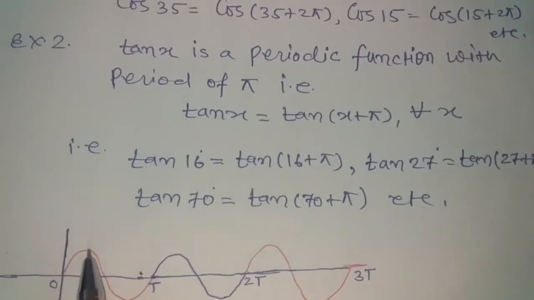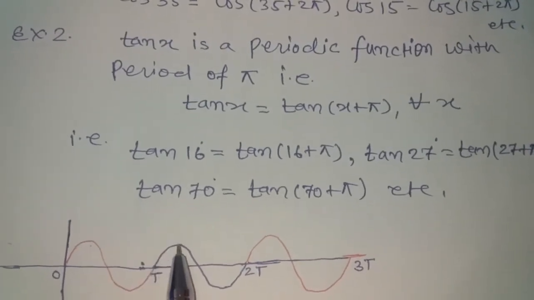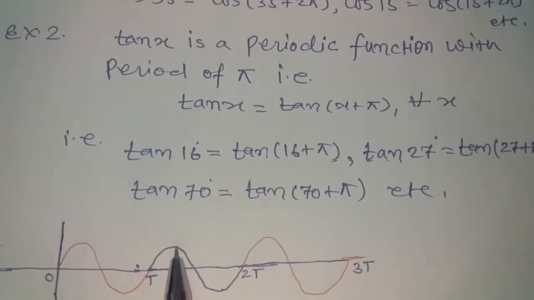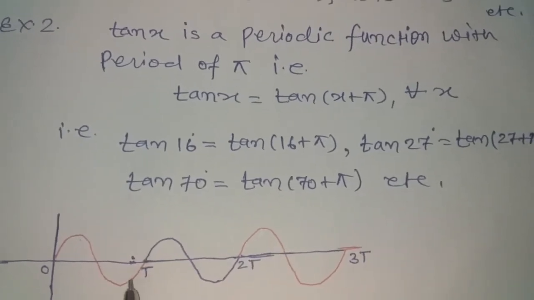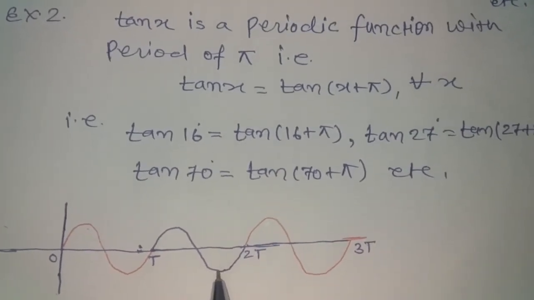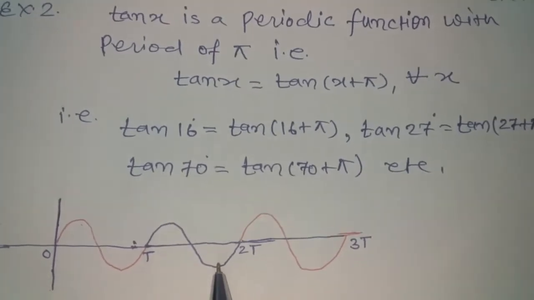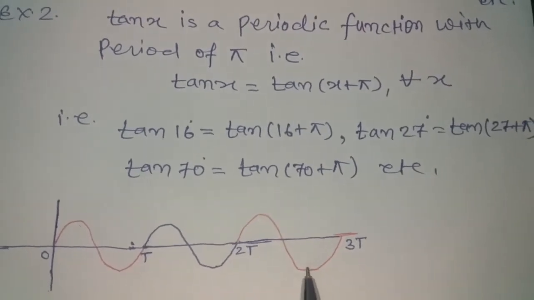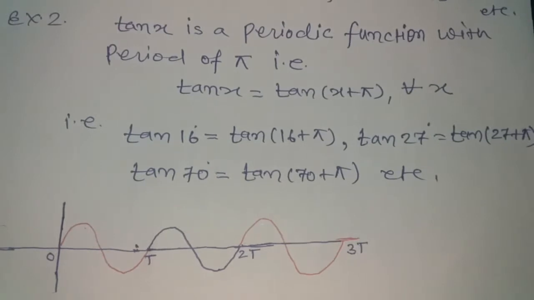The value of the function at this point is the same as the value of the function at this point, that is after time T, and the value at this point is the same as at this point after a time T. Again the function gives the same value after a time T. So this is the graph of a periodic function.